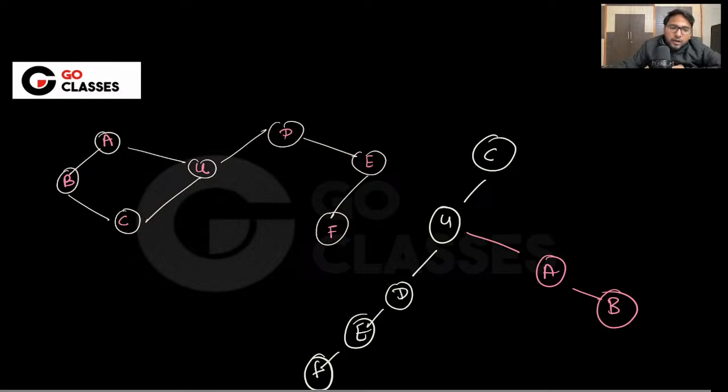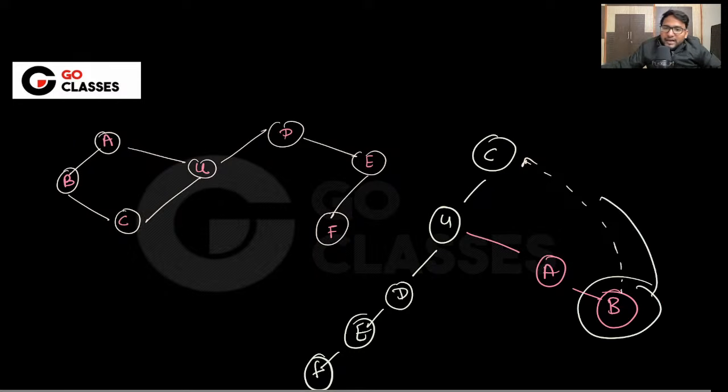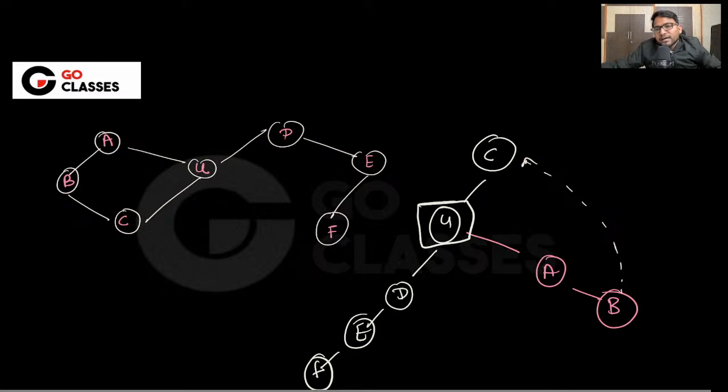Now you see here there is one edge, B to C, which I have not drawn, but let's draw it in the tree. It is a back edge. As far as U is concerned, its descendant is connected to the ancestor. Does this make U a non-articulation point?